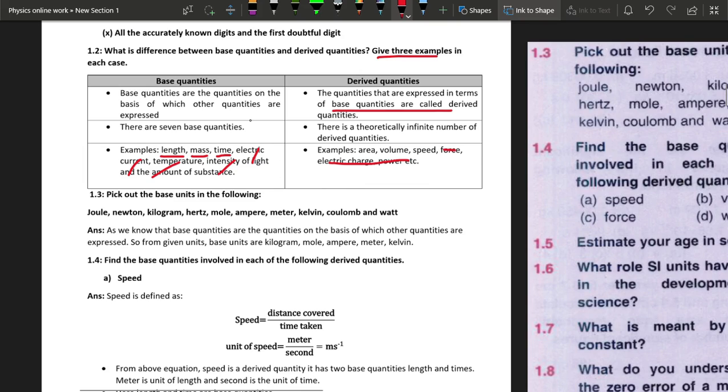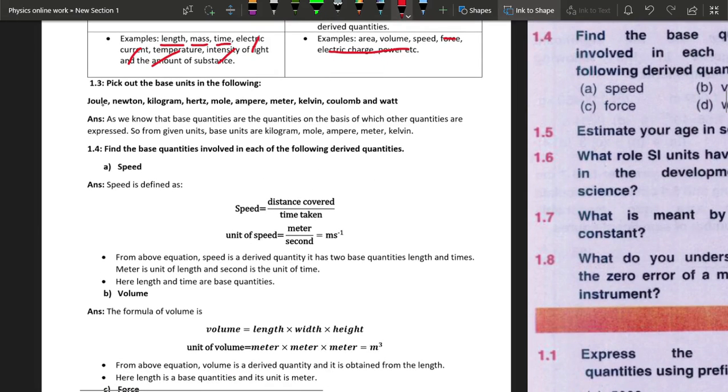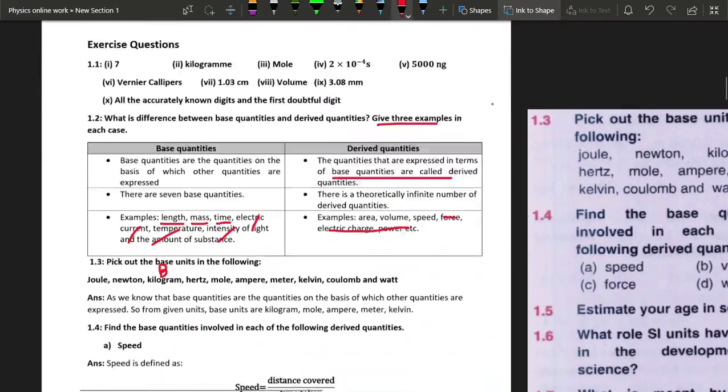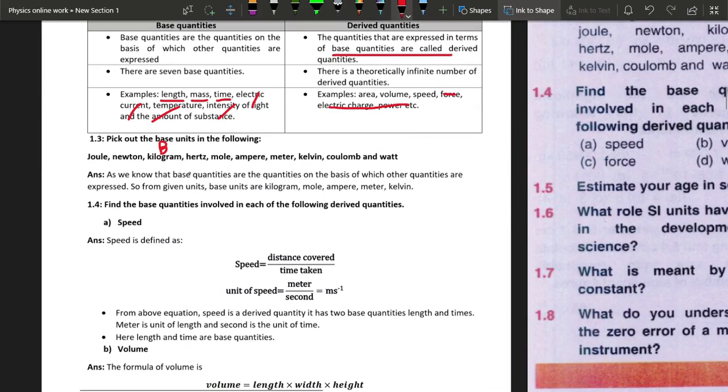Just write. Now question number 1.3 is, pick out the base units from the following. Now we know that there are 7 base units. The first one, kilogram, is a base unit. You can refer to the table which is given in this lecture, or you can refer to the table from your book as well.